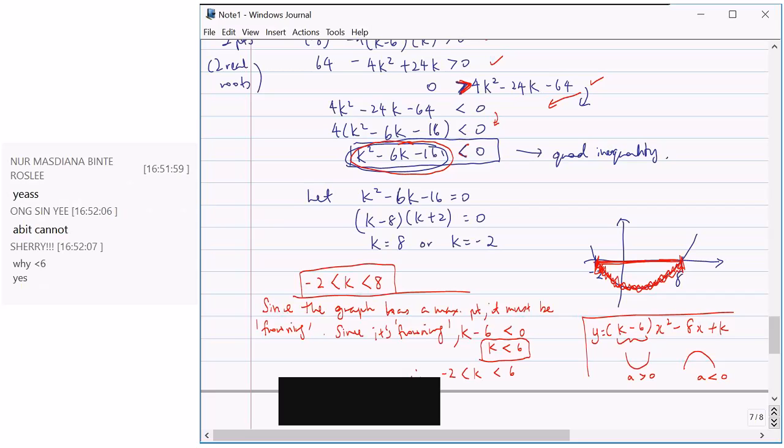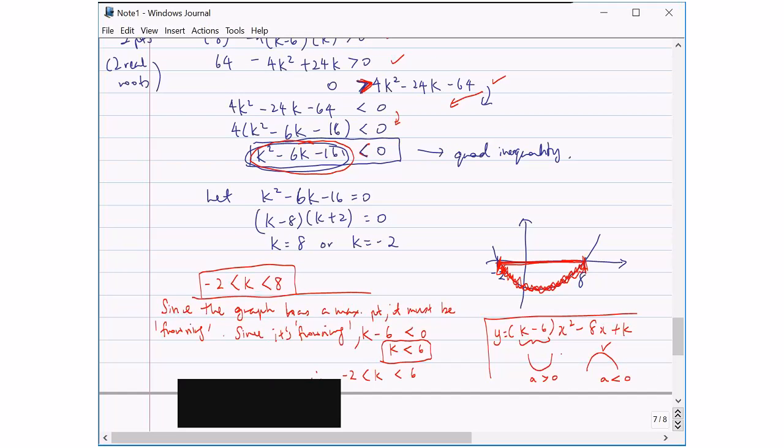The question says this graph has a maximum point, which means it has to be a frowning curve. Only frowning curves have a maximum point. A smiling curve will have a minimum point. So a must be less than 0, and this one is out already. What's a? a is k minus 6.